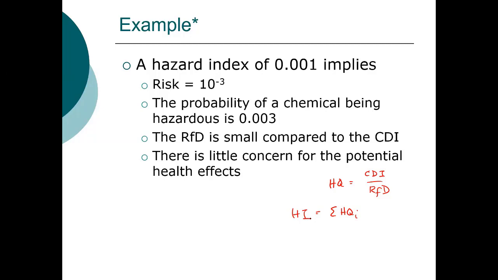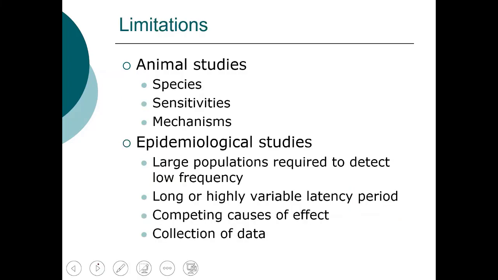In order to get a very small hazard index, the RFD has to be much greater than the CDI for this situation. So the answer is that there is little concern for the potential health effects. That's the conclusion that you make from that hazard index. So I've mentioned some of these before in terms of the limitations of all of this, in terms of species. We talked about sensitivities, mechanisms vary.